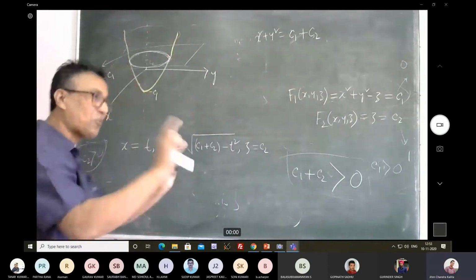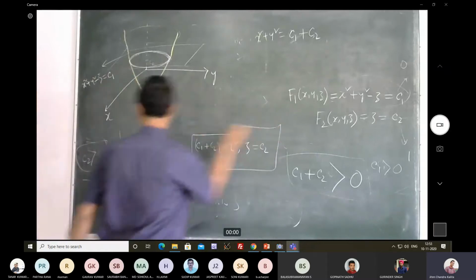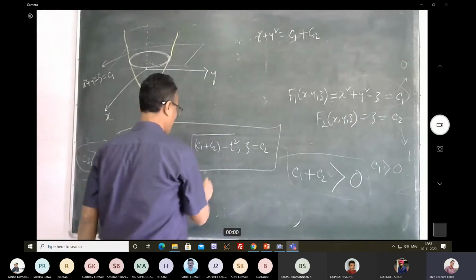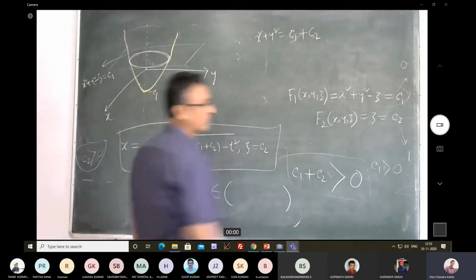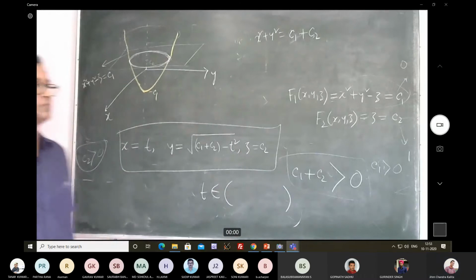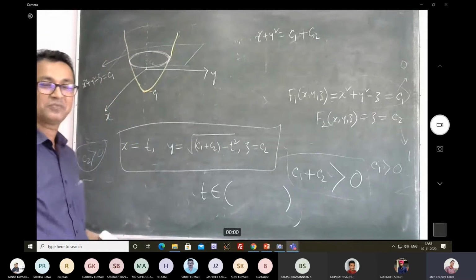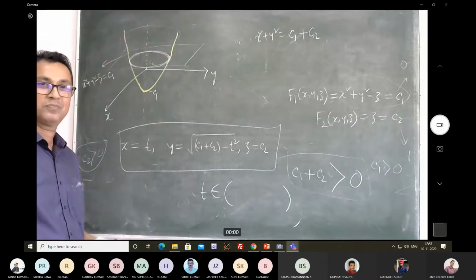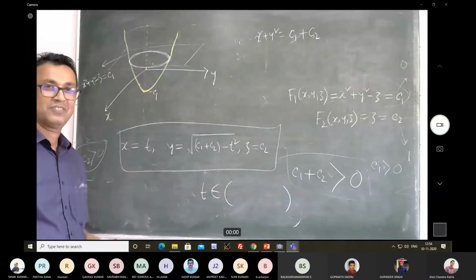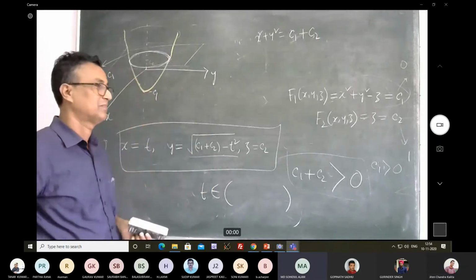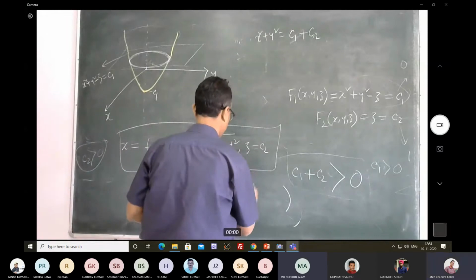Okay, fine. So far so good. Now give me the range of t. You have a clue here. Minus root of C1 plus C2 to plus root of C1 plus C2.